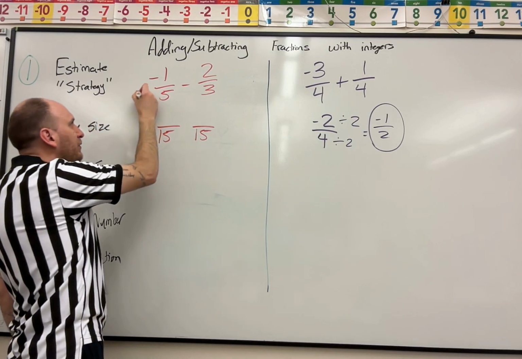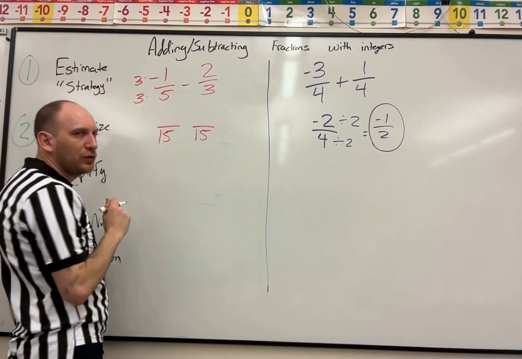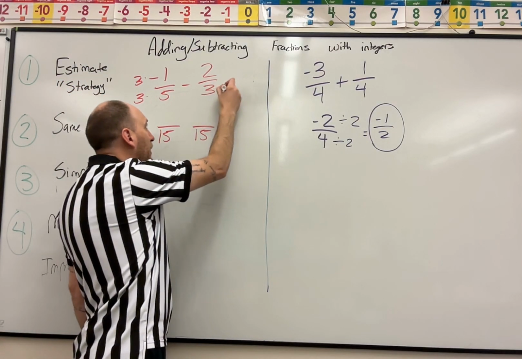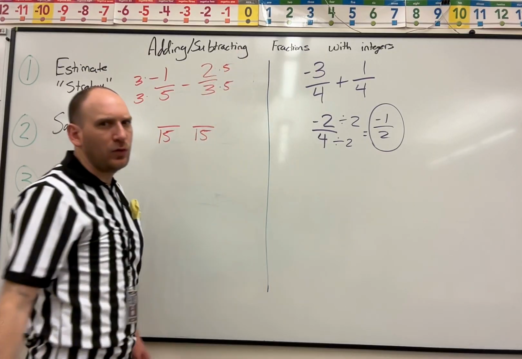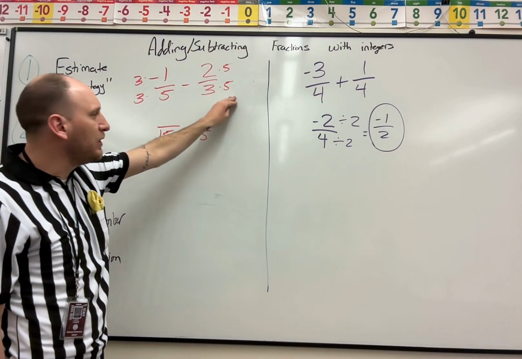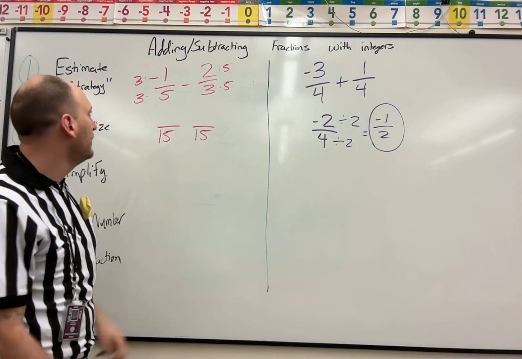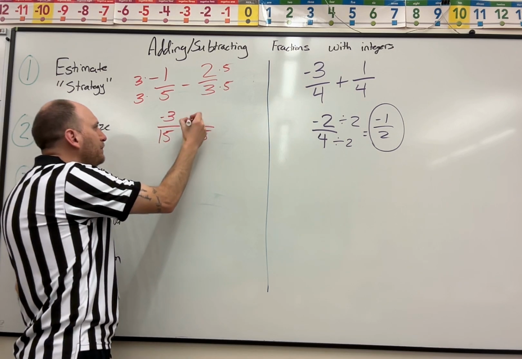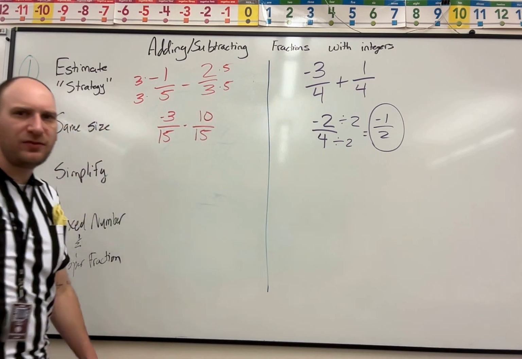I can create 15ths by multiplying both of these by 3. And I could multiply both of these by 5. So I'm cutting these up into 3 pieces, cutting these up into 5 pieces to create 15ths. I get -3 minus 10/15.